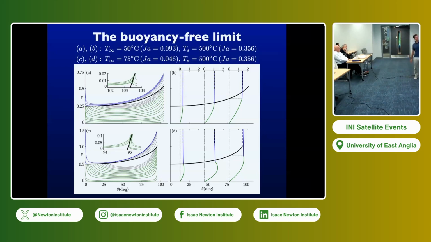Both cases are very similar: the surface temperature is 500 degrees, and the only difference is the temperature of the liquid. As I said before, near the stagnation point there is vaporization of the liquid, given by these streamlines plotted in green, and this is transported downstream.